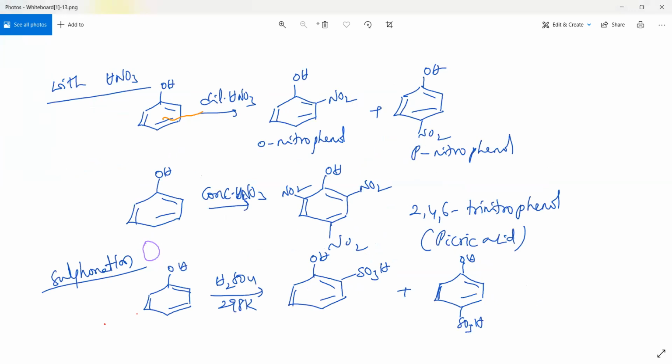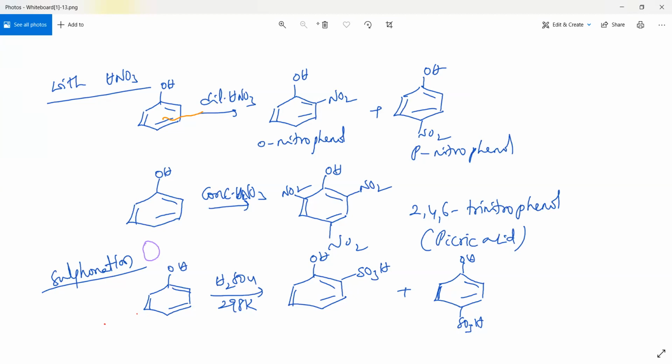Similarly, with dilute HNO3, you will get ortho and para substituted products, but with concentrated HNO3, you get 2,4,6 trinitrophenol, also known as picric acid.